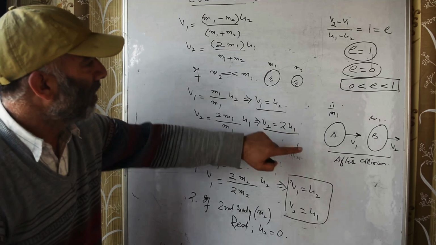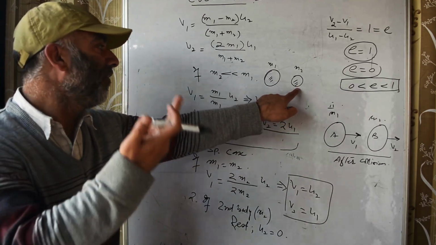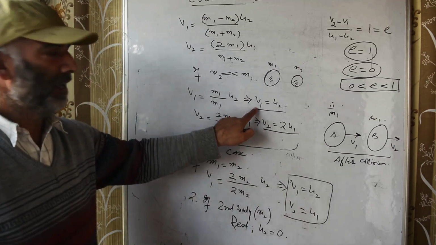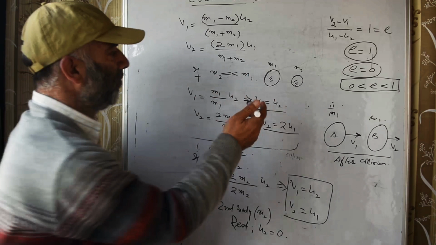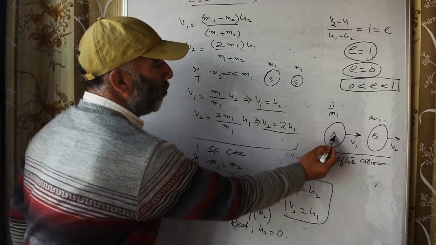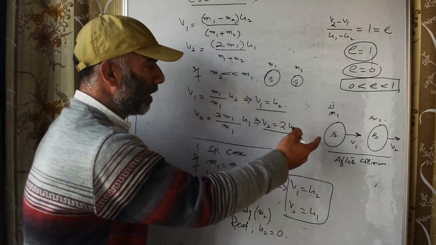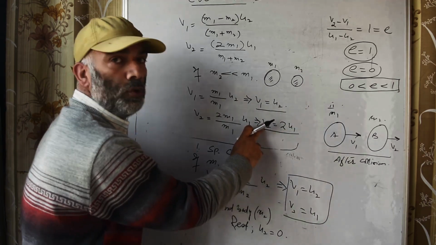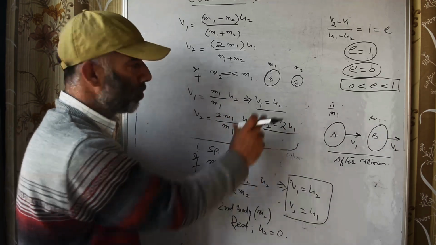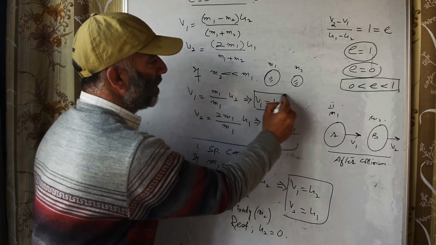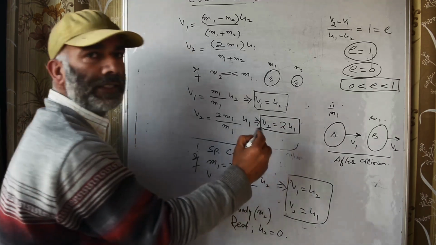After collision, when the two bodies move, the first body will move with the velocity equal to U2, the velocity of the second body. And the second body will move with twice the velocity of the first body. Try to understand it: V1 is equal to U2 and V2 is equal to twice U1.